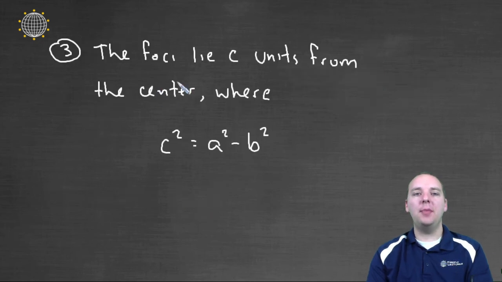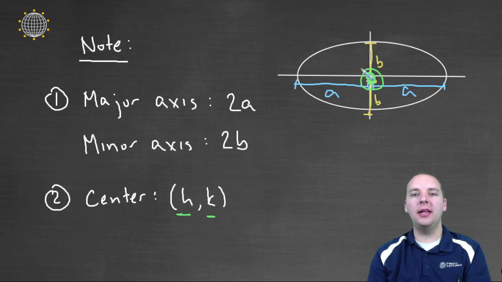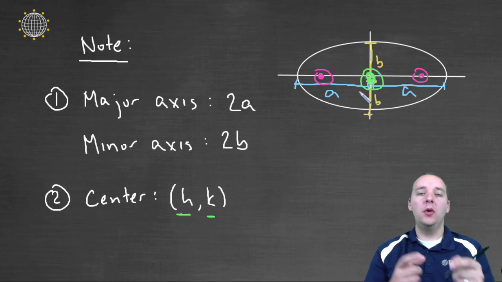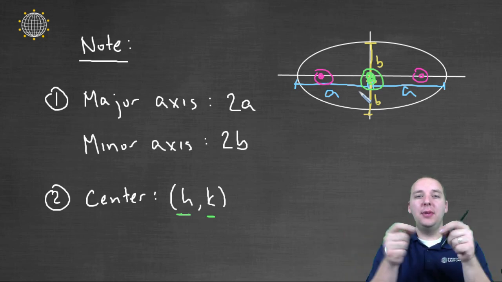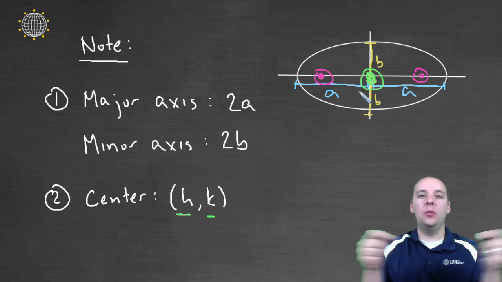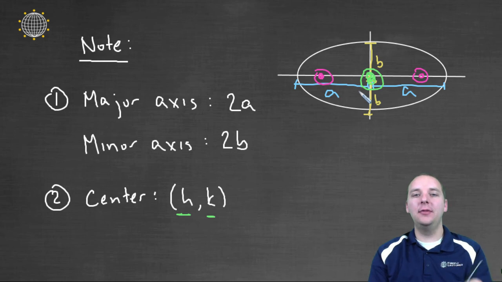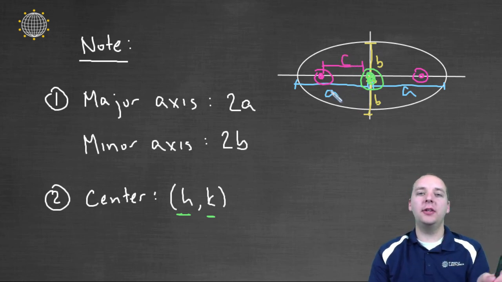Now how about the foci? Notice here I have not yet talked about the foci. The foci are just somewhere in no man's land, like here and here. How do you know how far away they are? Well, if you look at the graph, it depends on the a and the b. Depending on how far it's elongated in one direction or another, that's going to influence where your foci are. The foci are c units away from the center, not quite as far as the vertex.